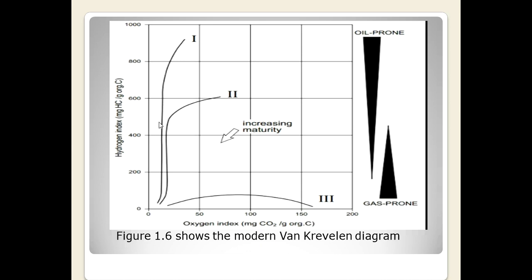Then you observe that type 1 and type 2 kerogen have very high hydrogen carbon ratio but very low oxygen carbon ratio. For example, type 1 has very low oxygen carbon ratio but very high hydrogen carbon ratio. And we observe that type 1 and type 2 kerogen are all oil prone, they are capable of generating oil.